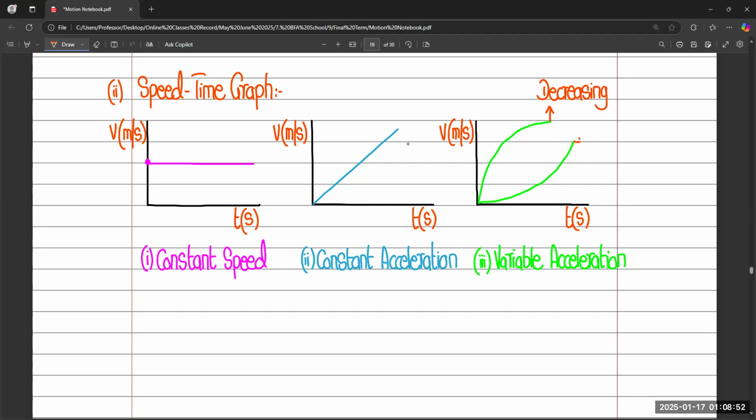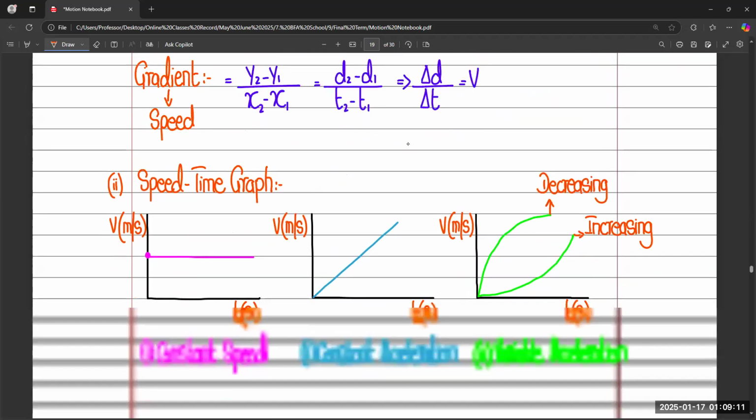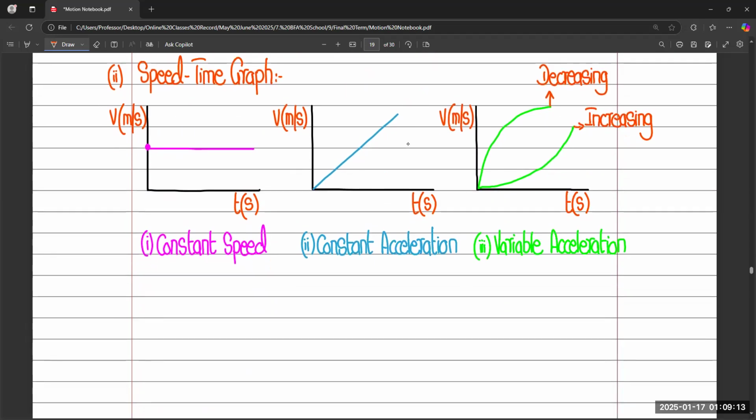Decreasing, increasing. So this is the difference between the quantities. In the previous graph, we had different quantities. Now we have different quantities.